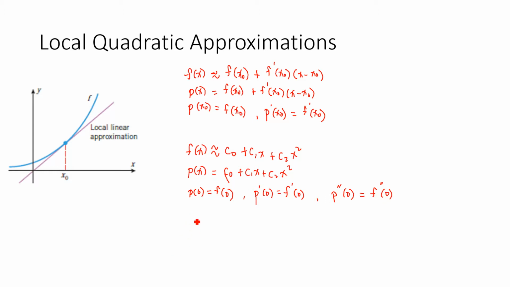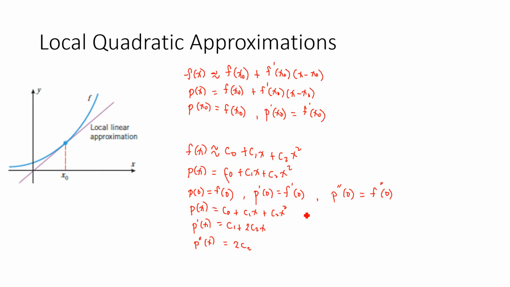We have p of x equal to c sub 0 plus c sub 1 x plus c sub 2 x squared. Taking the first derivative of p, we get c sub 1 plus 2 c sub 2 x. And the second derivative of p would be equal to 2 c sub 2.